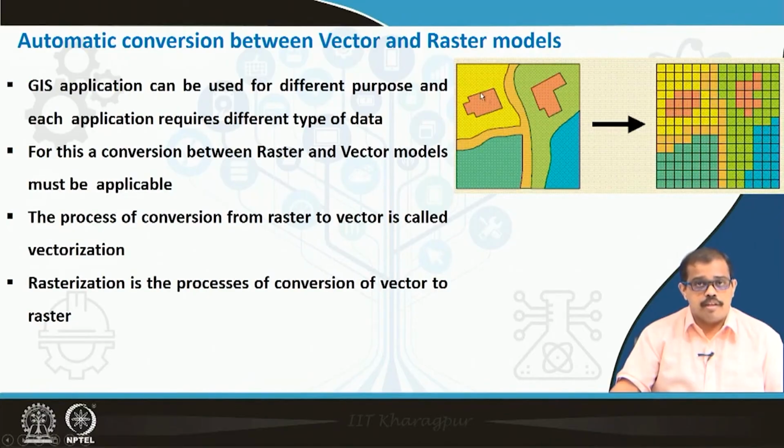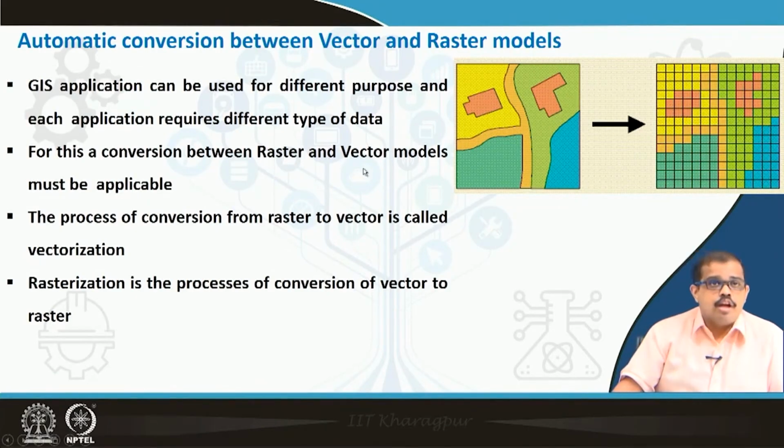A building is a polygon, a set of points represented here, and this is another polygon, and this is another polygon. This particular house is also inside this green polygon. So, that is about vector data.